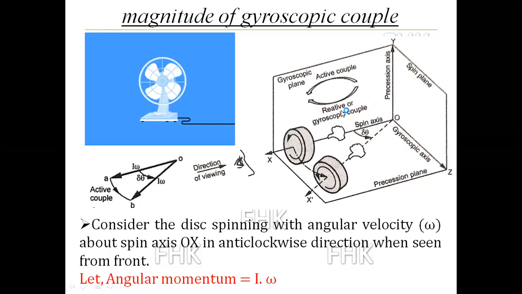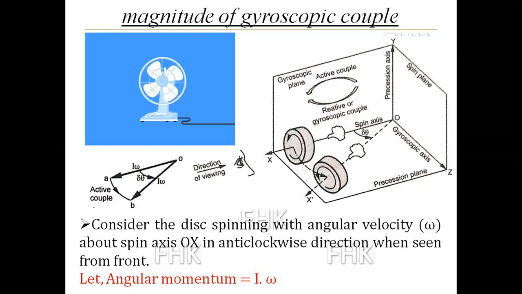In today's session, we have to understand how to find the magnitude of a reactive couple, and as it is a vector quantity, we also have to find the direction of the reactive couple. The magnitude of the active couple we are going to find, and the reactive couple has the same magnitude but opposite direction.